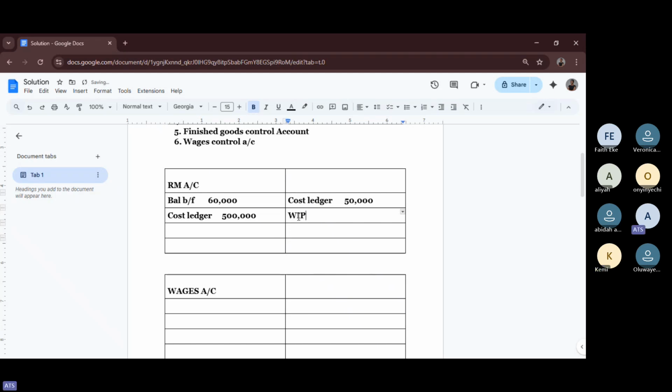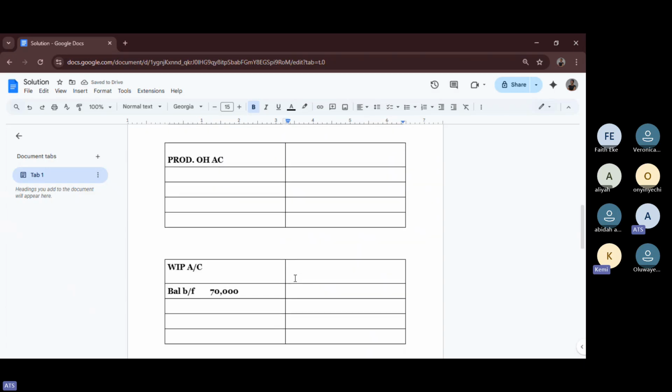You say WIP, 400,000, and then you come to work in progress account and debit it. Say raw material, 400,000.